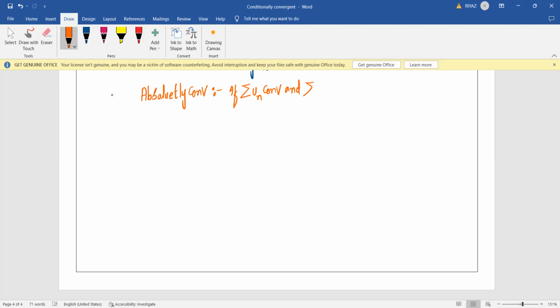summation mod un is also convergent, that is, summation un convergent and summation mod un also convergent, then the series is convergent absolutely.